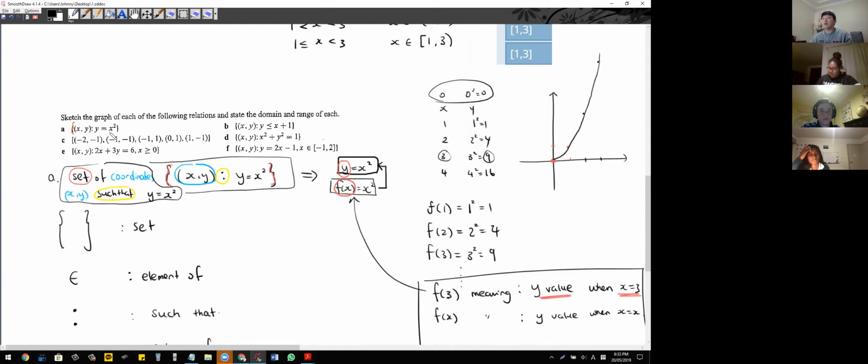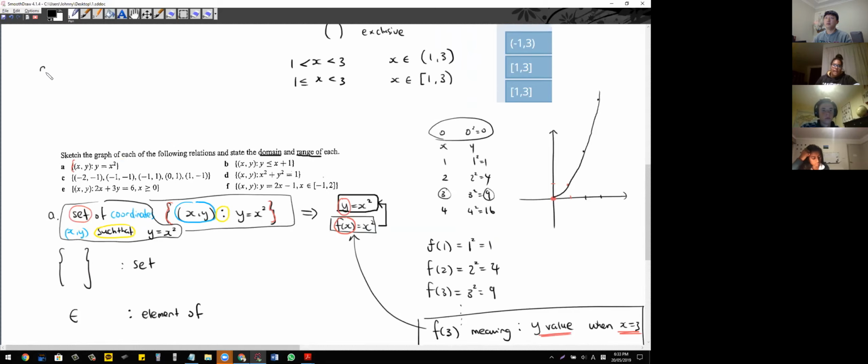Now, we're back to this one. Obviously, we already did domain and range for this one, right? Let's have a look at C. Okay, so C is very simple. What's the domain? Let's think about what that means. It's a set of coordinates: -2, -1, -1, -1. It doesn't actually tell us any rule. It just says that it's a set containing all these coordinates.